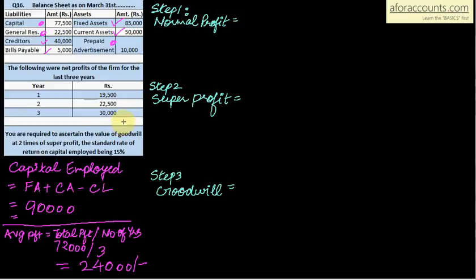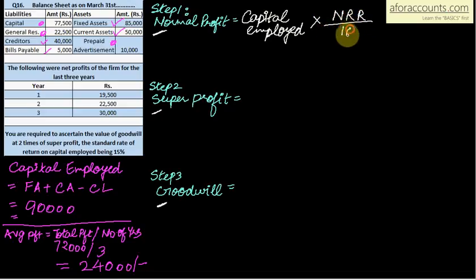So there are 3 steps, N, S, G. First step, normal profit: capital employed into normal rate of return, percentage, is your normal profit. So normal profit is equal to capital employed into normal rate of return upon 100.